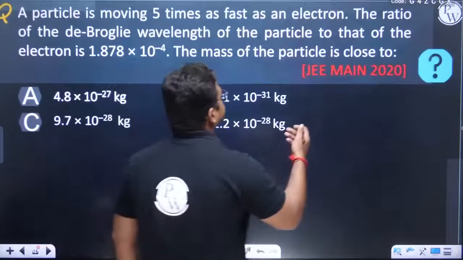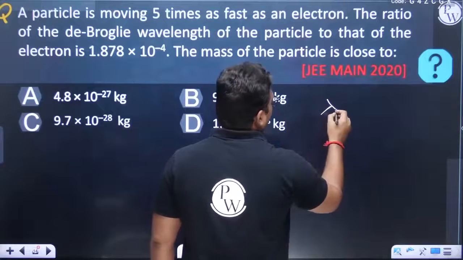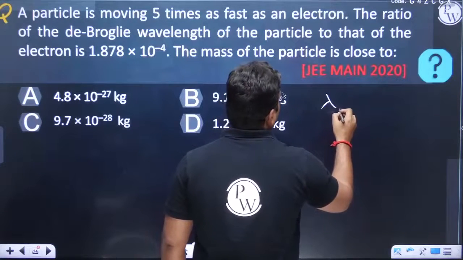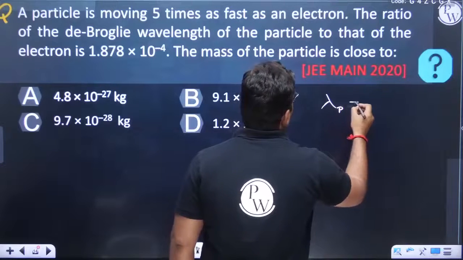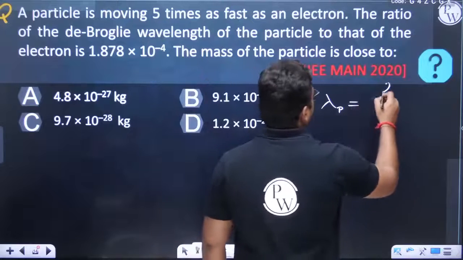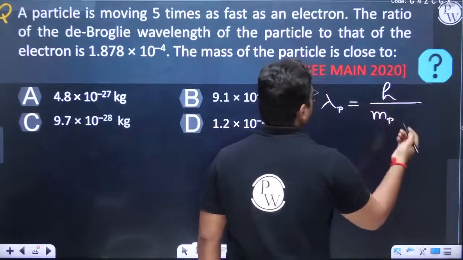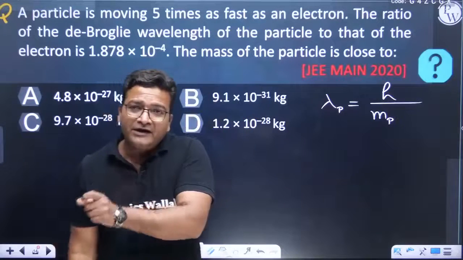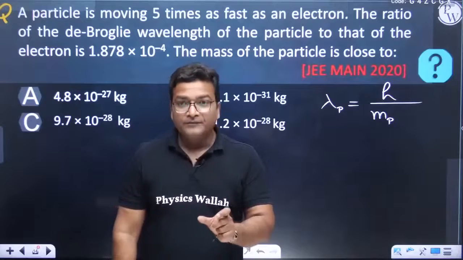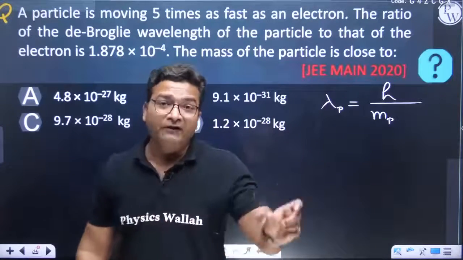Okay, let us write the de Broglie wavelength for the particle. So the de Broglie wavelength for the particle is lambda p, and lambda p equals h divided by mass of particle times velocity. So let us assume the electron is moving with velocity v. Therefore, according to this condition, the particle's velocity would be 5v.